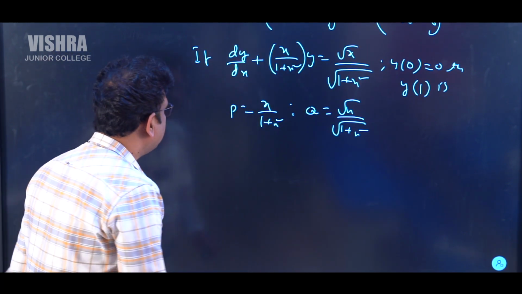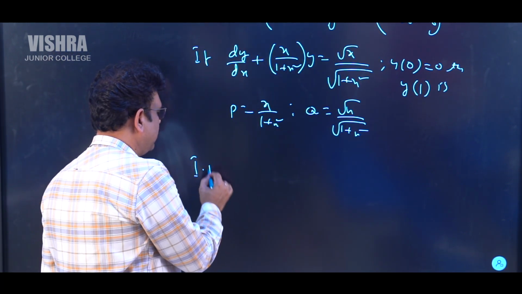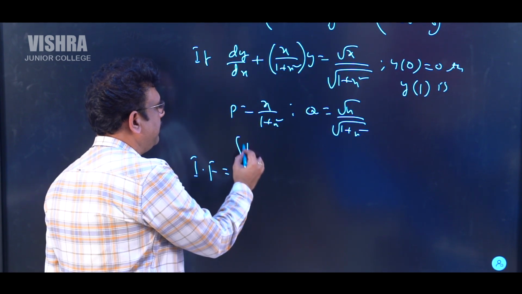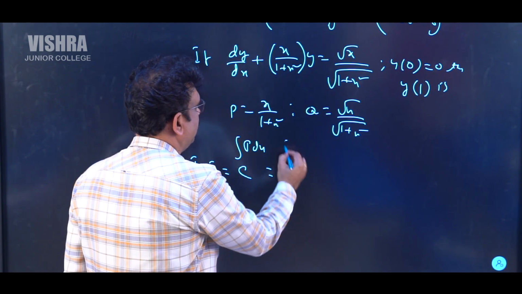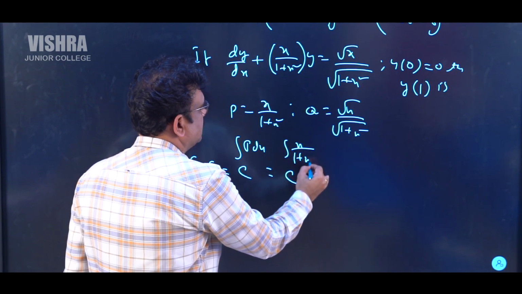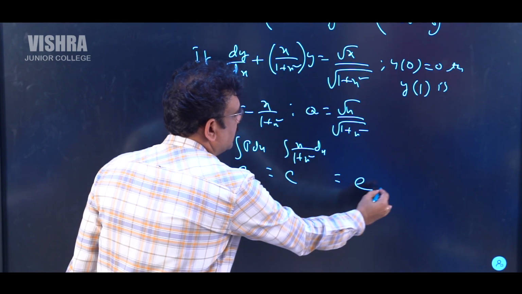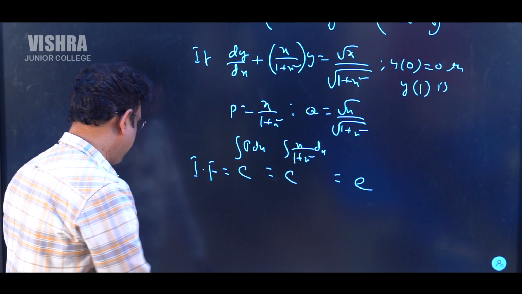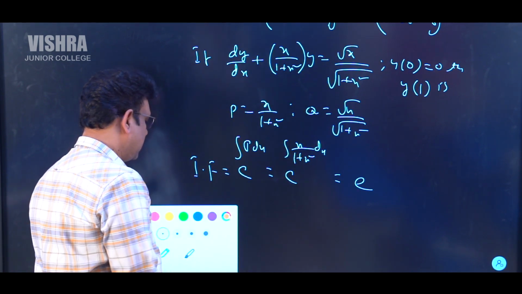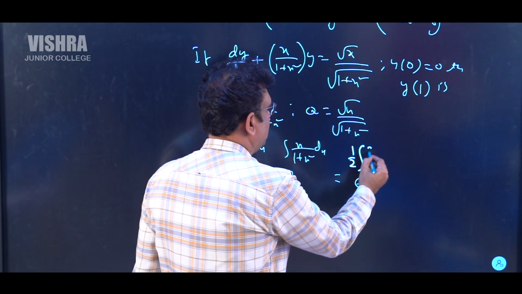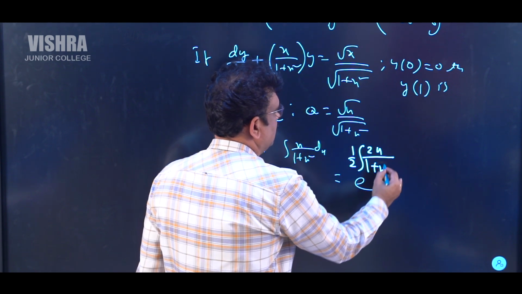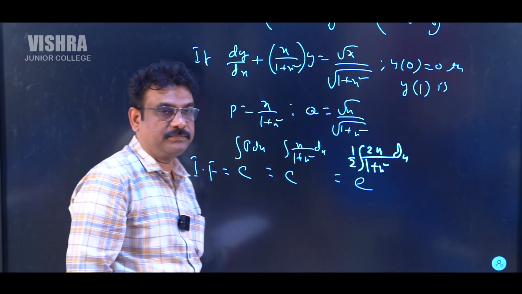Now integrating factor is equal to e power integral p dx, which is e power integral x by 1 plus x square dx, that is equal to e power 1 by 2 into 2x by 1 plus x square dx.